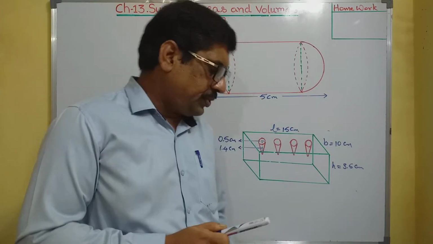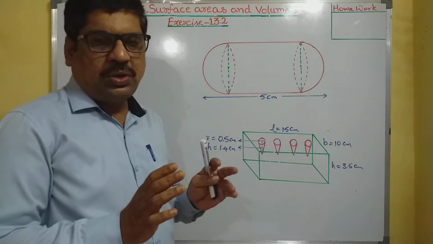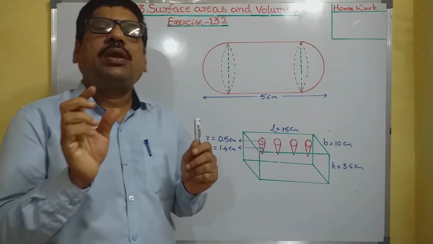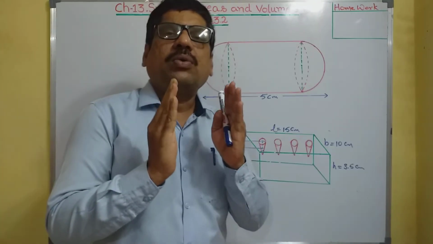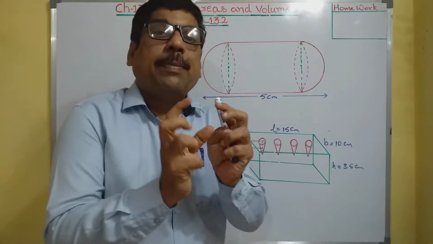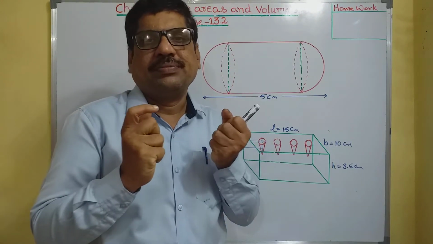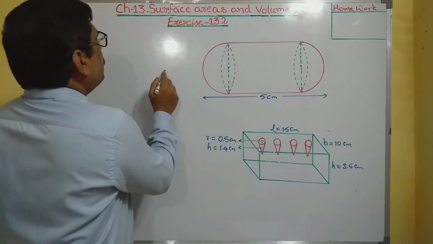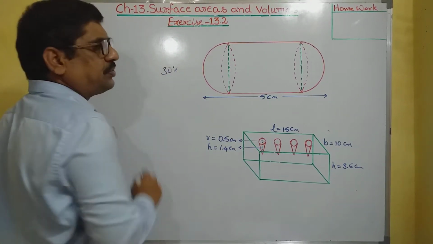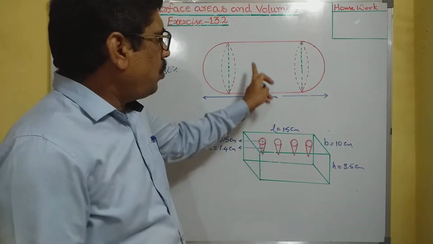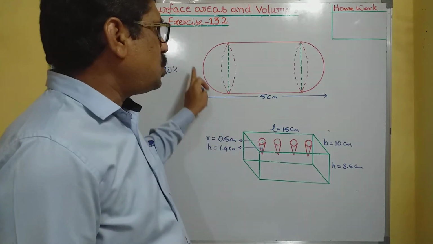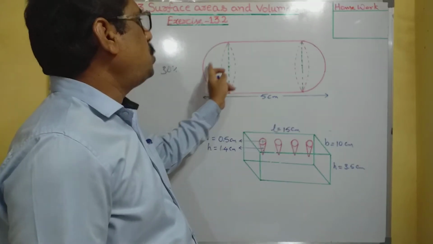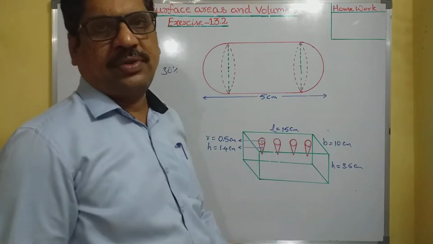A gulab jamun contains some sugar syrup. When we make gulab jamuns, they absorb sugar syrup into them, so the percentage of sugar syrup in a gulab jamun is 30%. Now look at this. A gulab jamun is in the shape of a cylinder with two hemispheres attached at its ends.